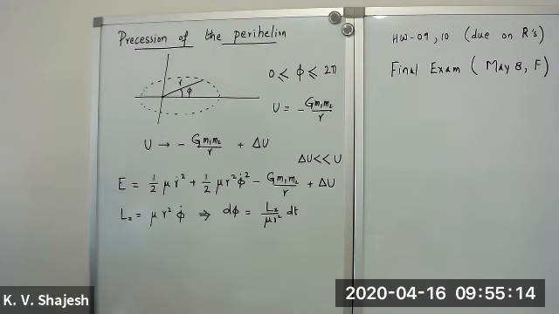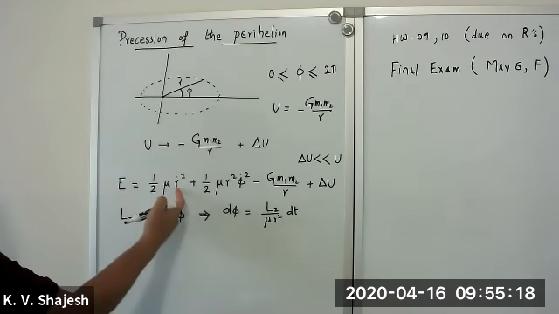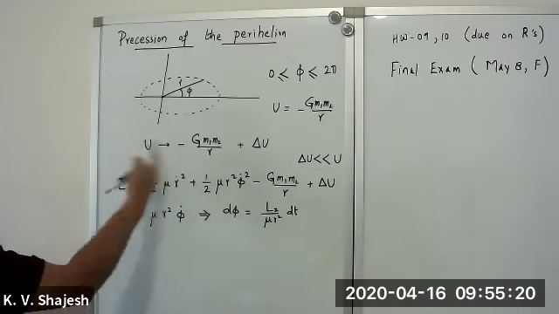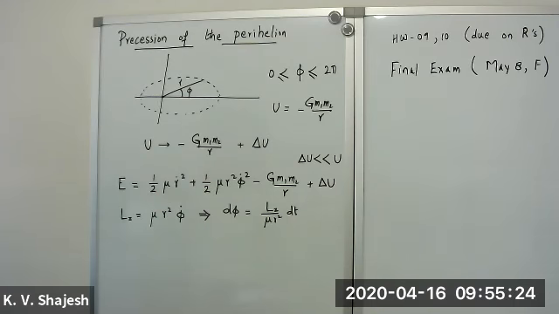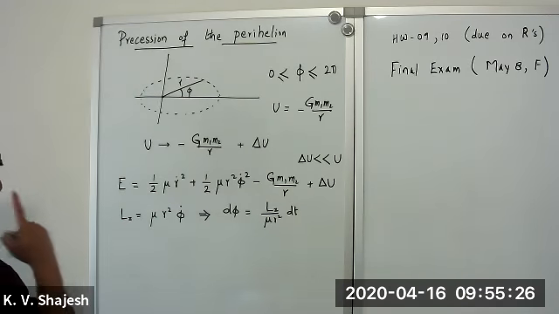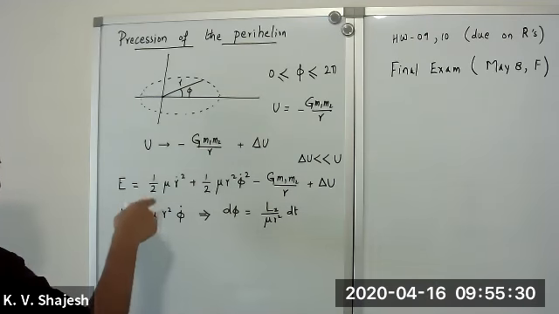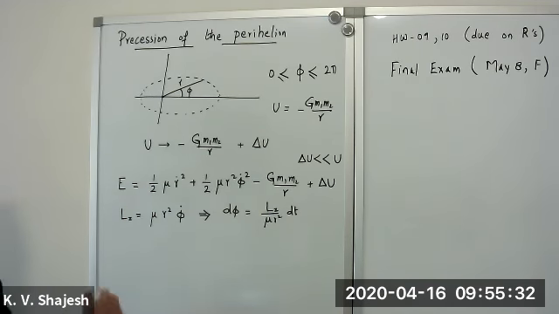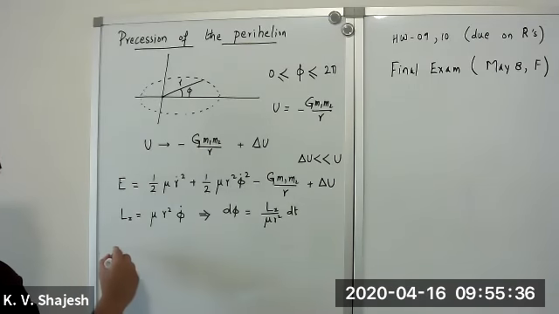Based on this, we did a few things. We did dr by dt. So I'm going to bring everything so that dr by dt is on the left, and let me do this slowly.